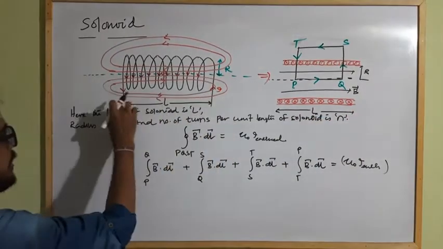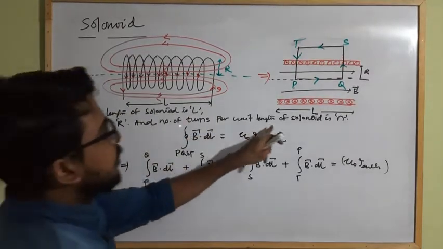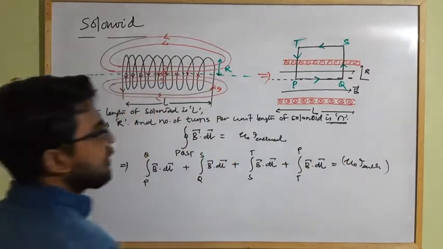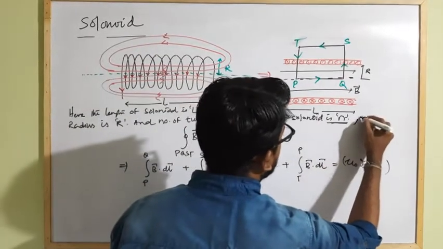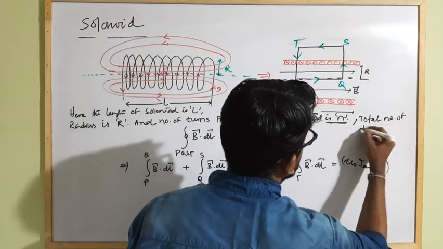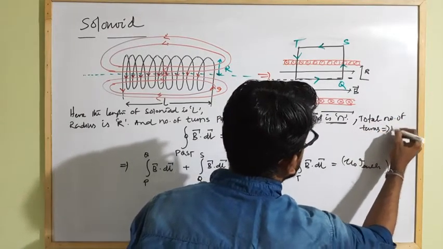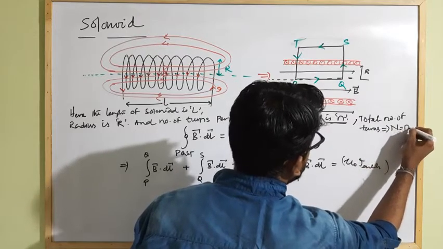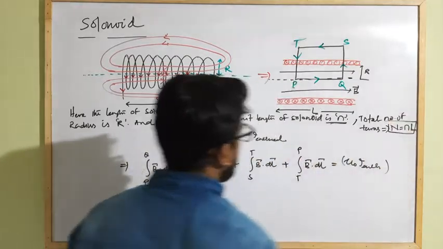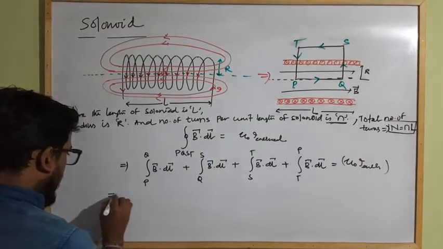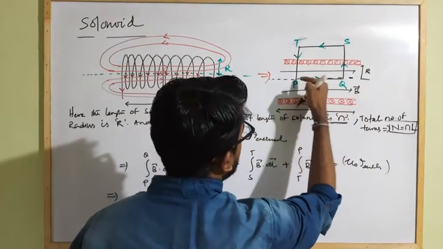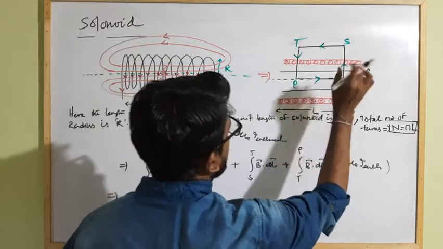That means the length is capital L and the number of turns per unit length of the solenoid is small n. Okay, so the total number of turns, capital N, equals the number of turns per unit length times the net length L. Clear? So now this can be written as B dot dl for PQ. For PQ along this direction it is B, and the B strength is the same throughout the solenoid within it.